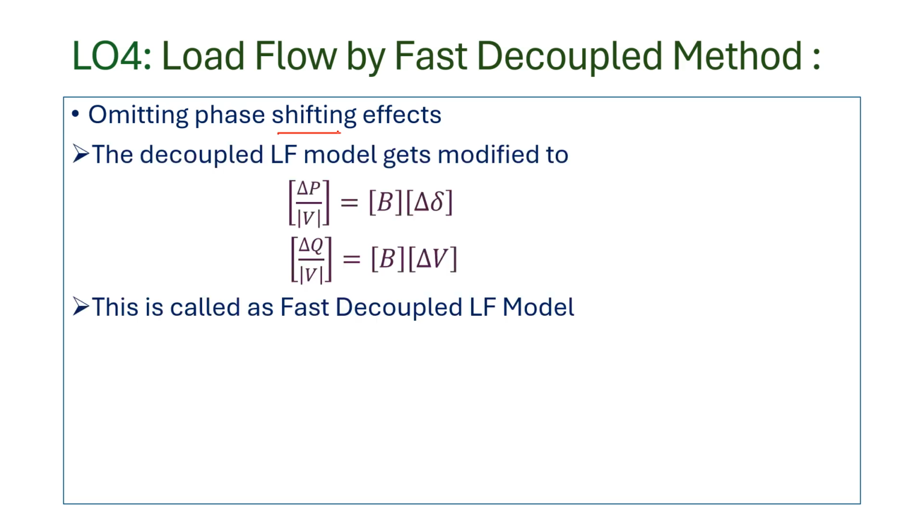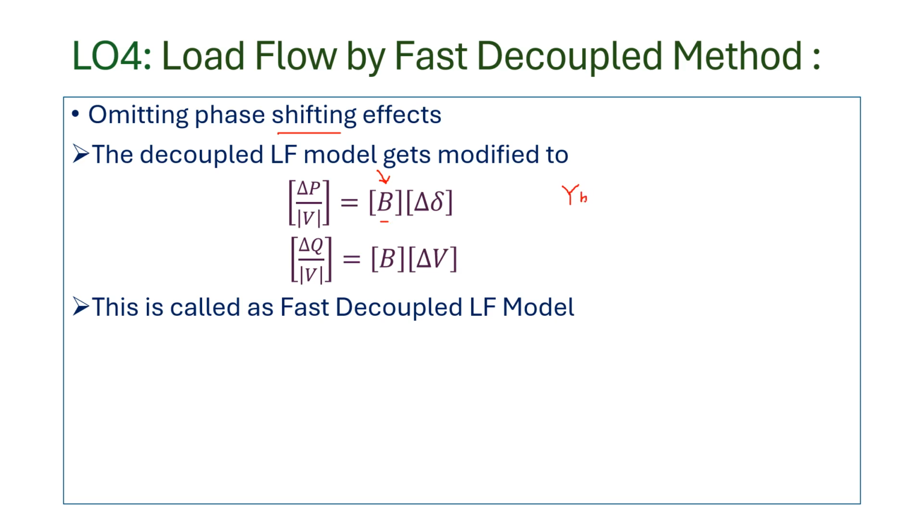Because of that, the decoupled model is reduced to this model. I'm not showing any calculations here, I'm omitting that proof, but simply I've written the direct equation that now H is converted to the B matrix. The H matrix we had, because of the above assumptions, gets converted to the B matrix, where B is a susceptance matrix. What is the susceptance matrix?